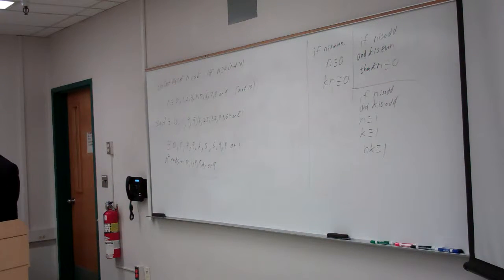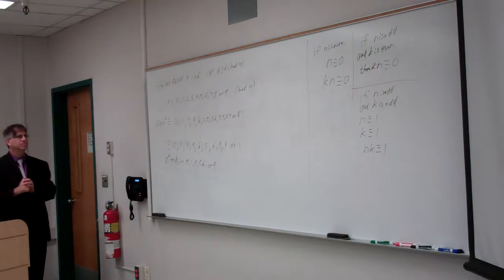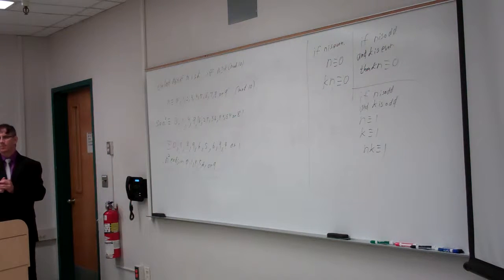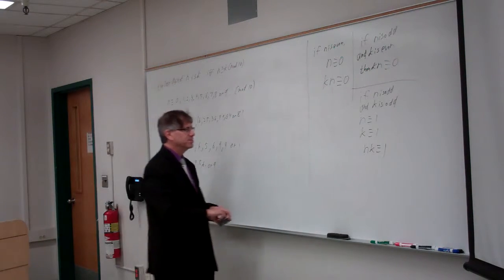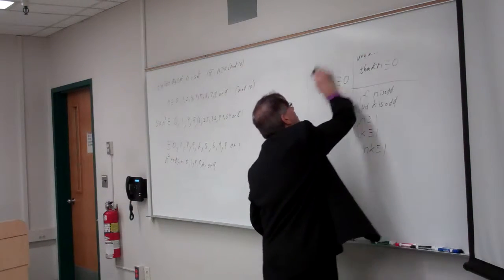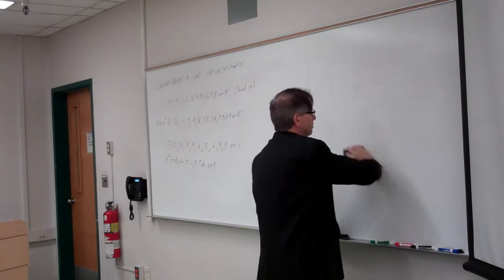Which was a problem we did with a lot more work the other day. So that's part of the power of working in a modular system. We can take an infinitude of possibilities and reduce them to a finite set of possibilities. And then we can do exhaustive things like this. Exhaustive meaning going through all the possibilities, not just that it tires us out.